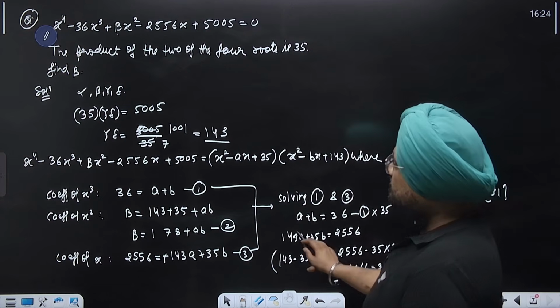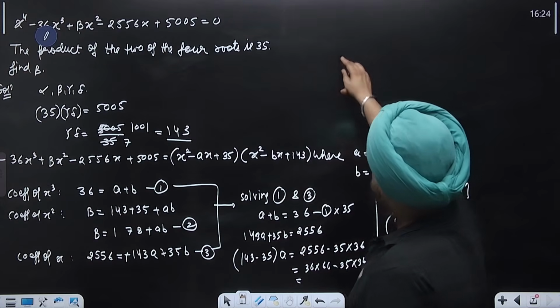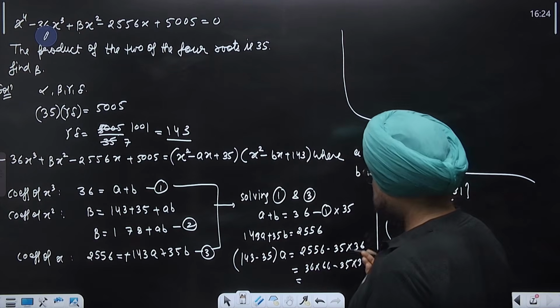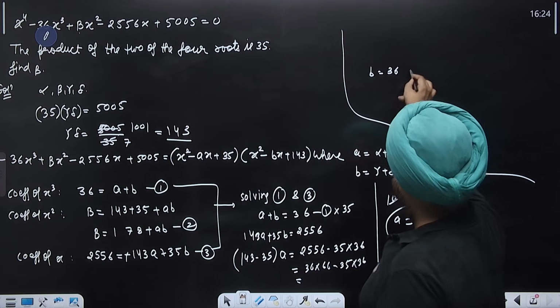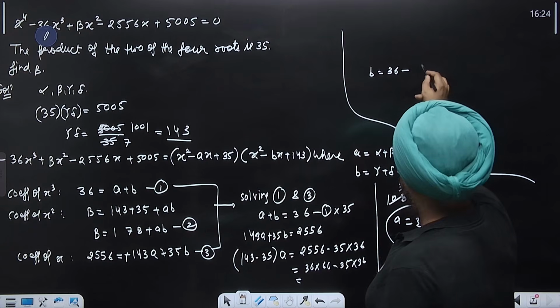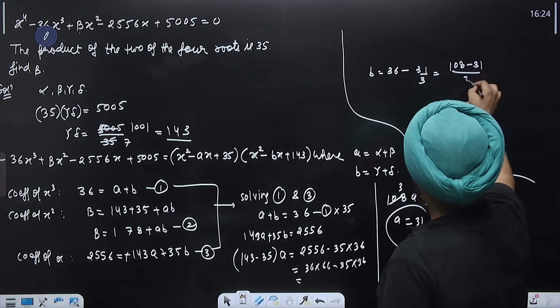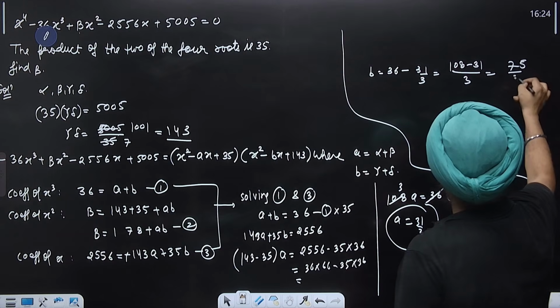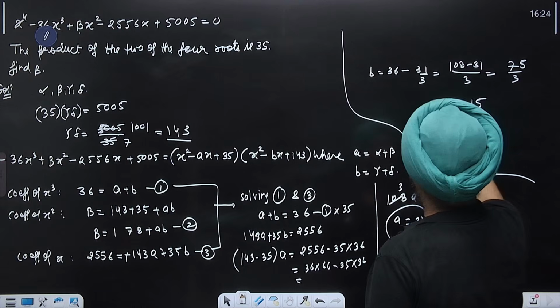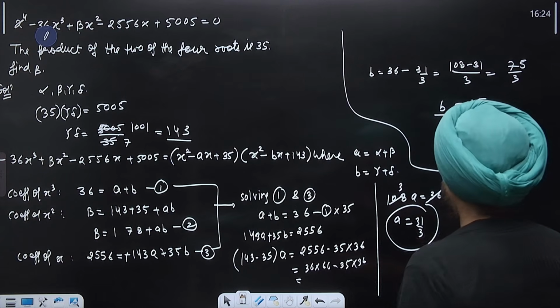Similarly, we can find the value of b. A is 31 by 3, b is equal to 36 minus 31 by 3. 75 by 3, 15. B is 15.